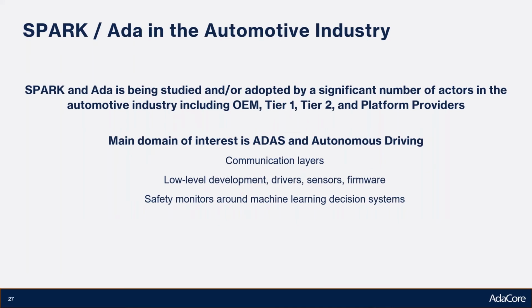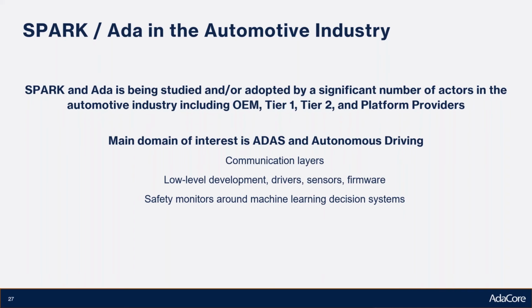We are seeing some uptake of Spark and Ada in the automotive industry. We have studies happening and we have adoptions happening in various places. We have OEMs, tier 1s, tier 2s, and platform providers with an interest in Spark and Ada. The main domain of interest seems to be autonomous driving and driver assist systems.